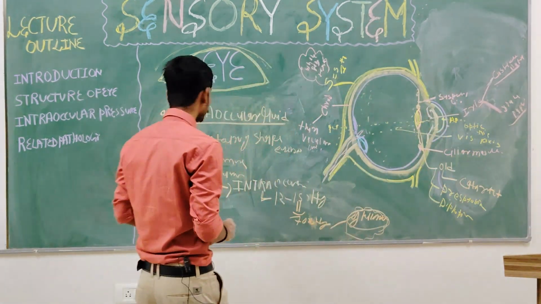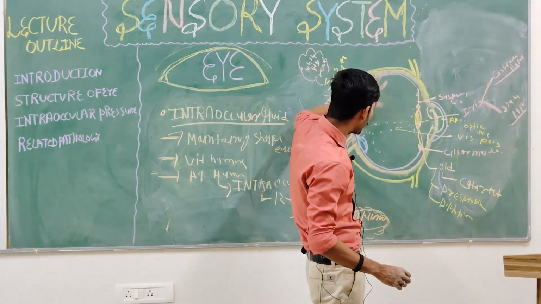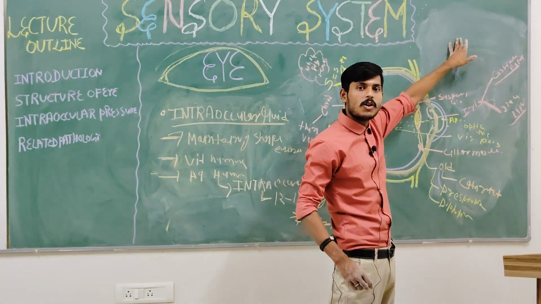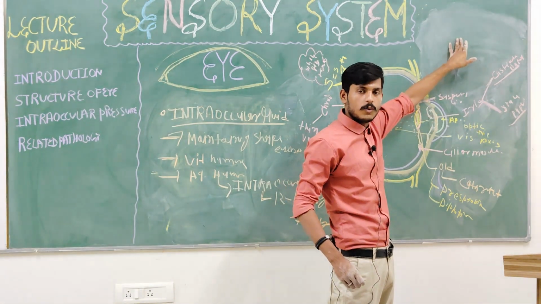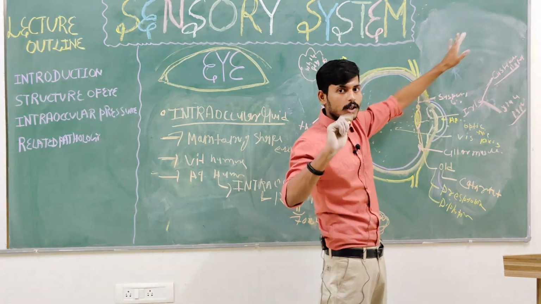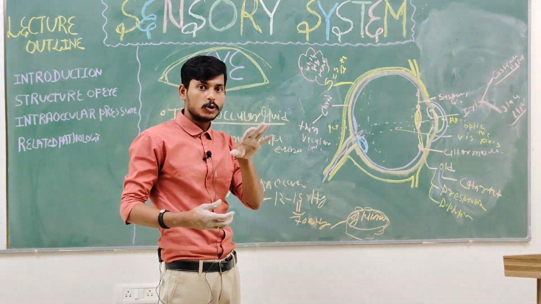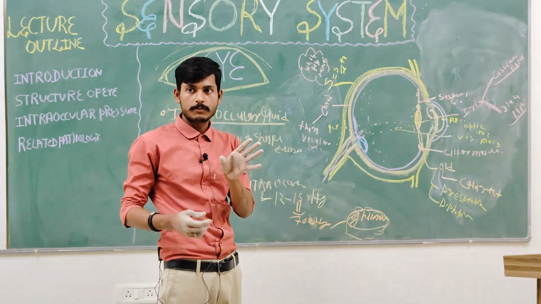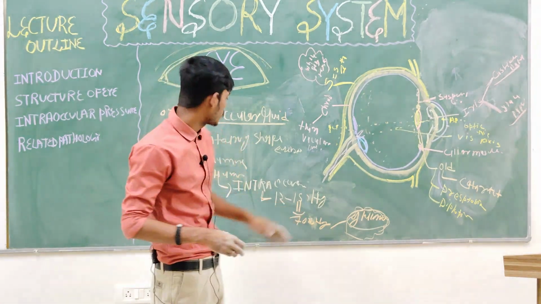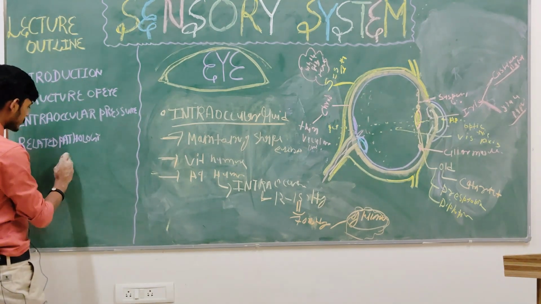And one more thing: as I told you initially, your eyeball is attached to the orbital cavity by some muscles, called the ocular muscles. These muscles help the eye to move, spin, and adjust towards the objects. So in the next class we will deal with two phenomena.